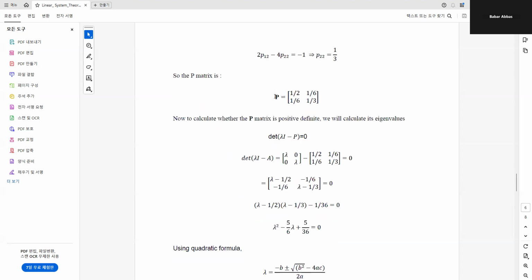So this is the P matrix which we have calculated.